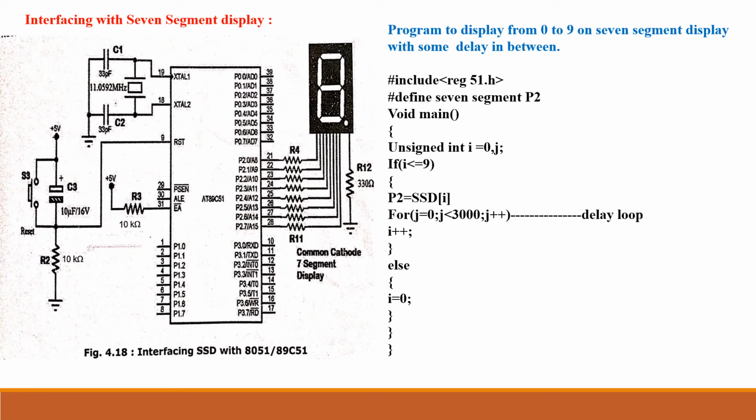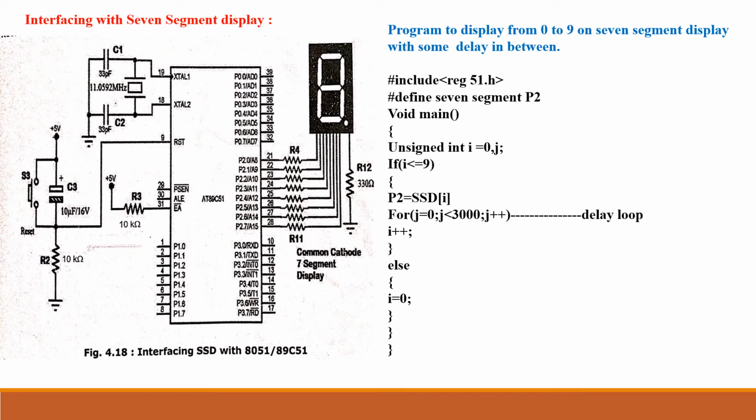If I is less than or equal to 9, अगर I का value 9 से कम है, then the 7-segment display displays that value to port 2.